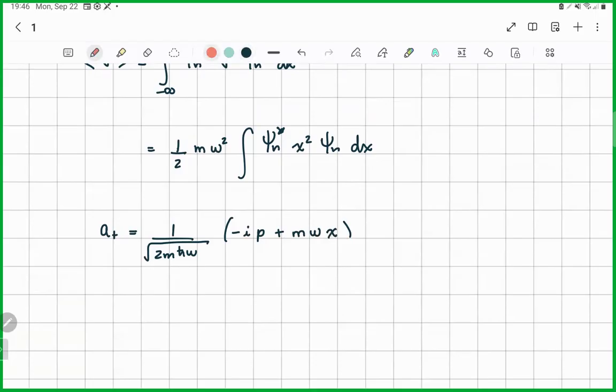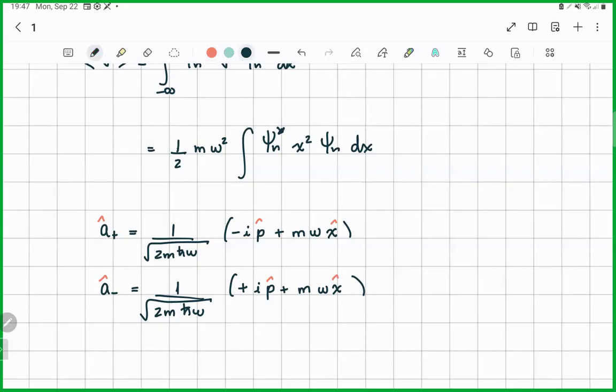All these are operators, so if you want to be very precise, you put the hats there. And the A minus is similar, but the sign changes. So the same prefactor, and here we have plus i momentum operator plus m omega x. And as we said, these are all operators.